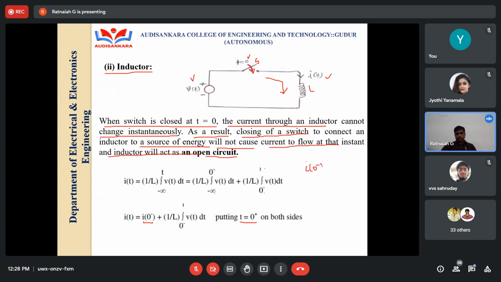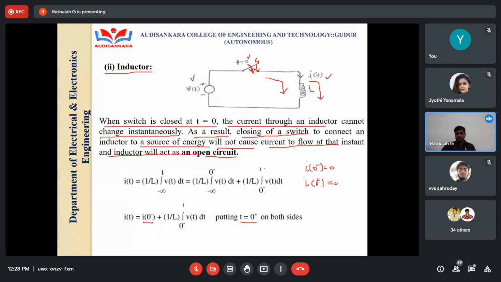That is I of 0 plus. So when you close the switch at t is equal to 0 plus, is there any current passing through the inductor?